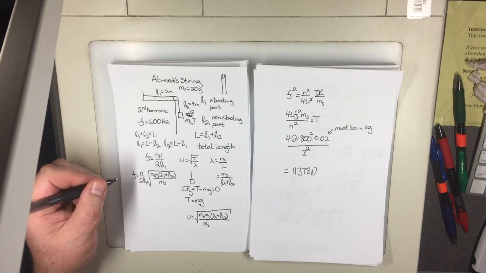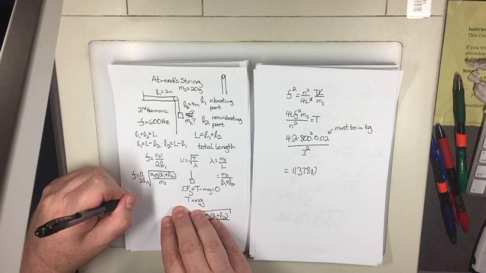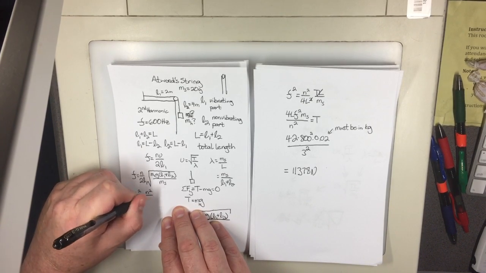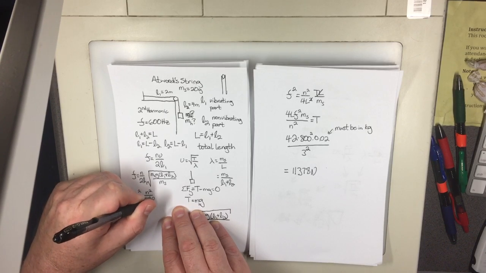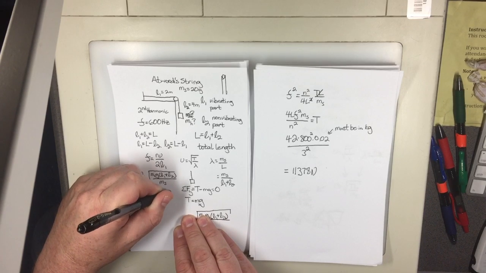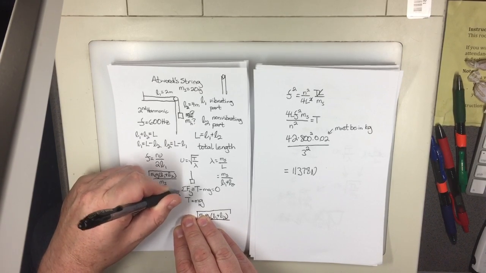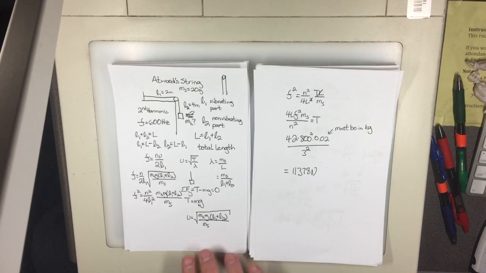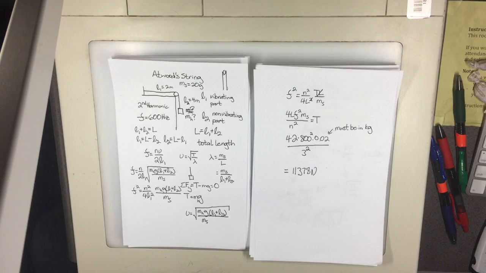So let's solve for the hanging mass. You got to square it. And so you get that.